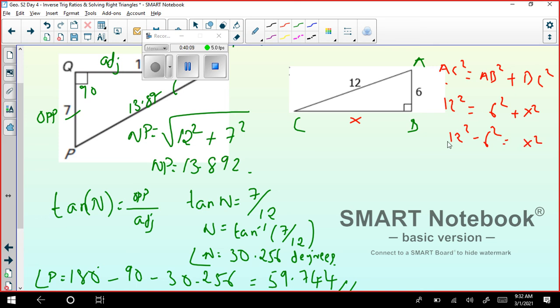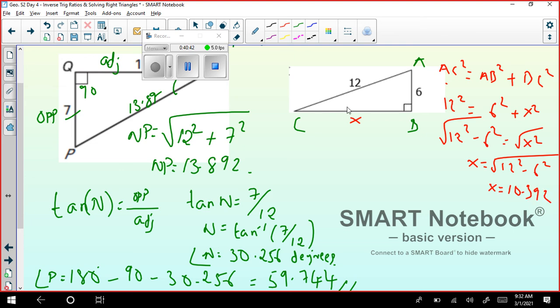Taking the root on both sides, X is the square root of 12 square minus 6 square, that is 10.392. I get the value of X as 10.392.